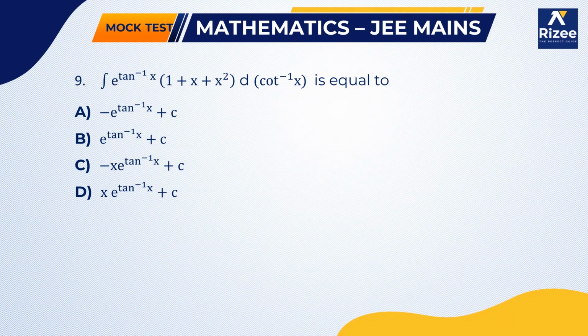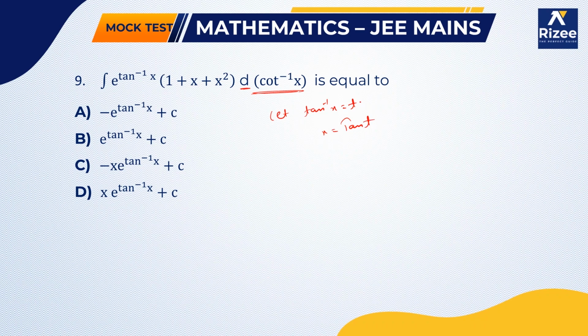Next one, integral of e power tan inverse x into 1 plus x square, derivative of cot inverse x. It means the derivative of cot inverse x. Let me take tan inverse of x is equal to t. So x is equal to tan t.